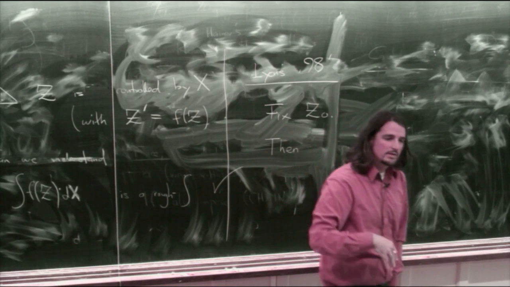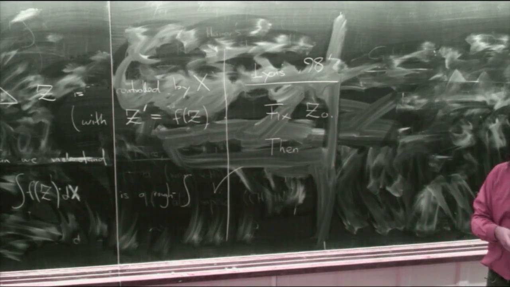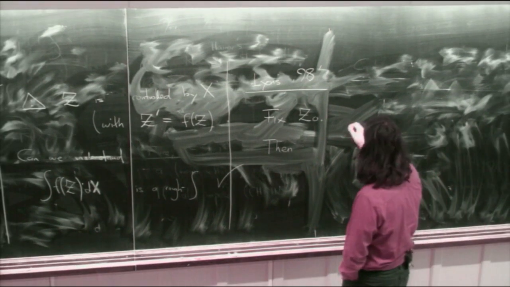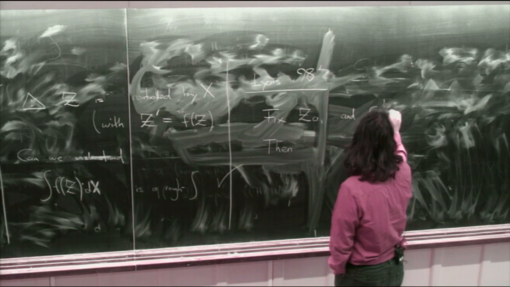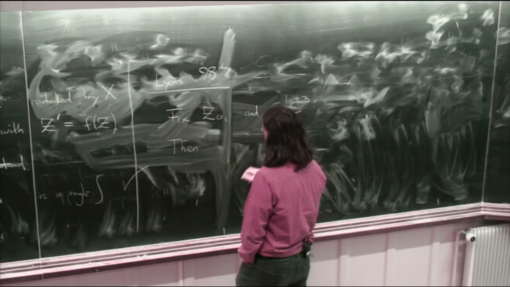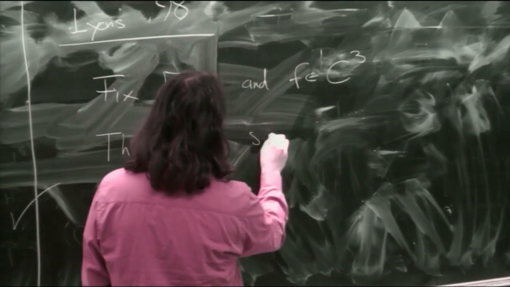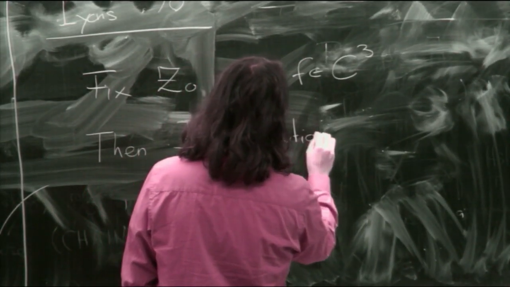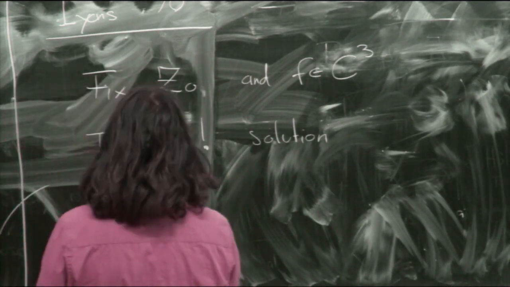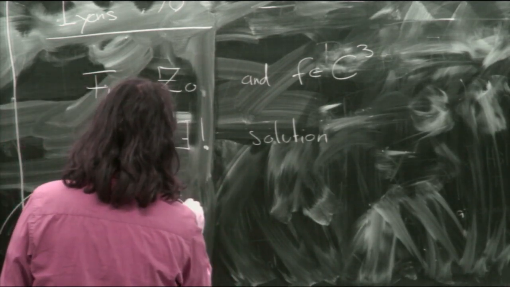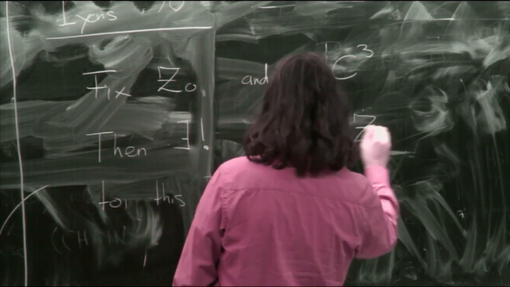You can squeeze it a little bit. So 1 degree more you can hope for existence and uniqueness, right? And f in C3. Then there exists a unique solution to this rough differential equation. So let's call it Z.